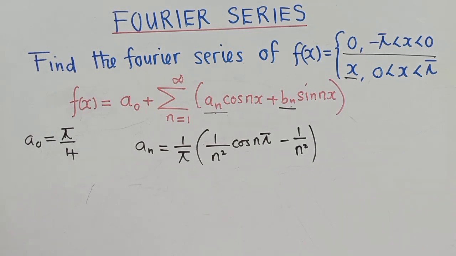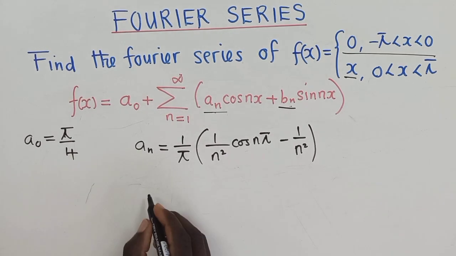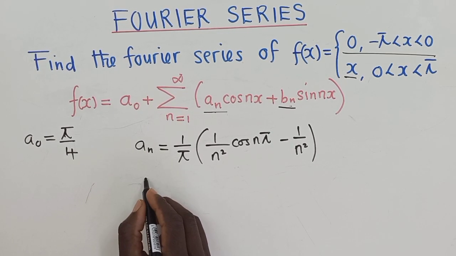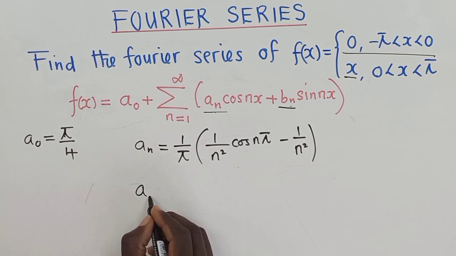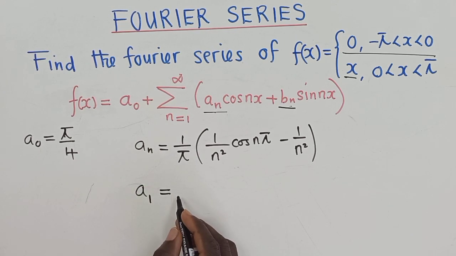So what are we supposed to do now here? This is where we have a little bit of work. So we'll just say when n is equal to 1, what value are we getting?